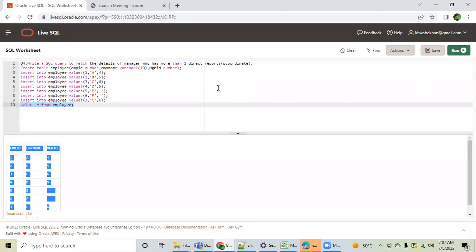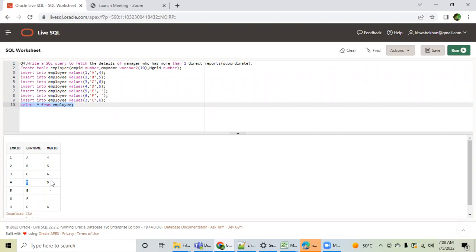5. 5 and 6. So to manager ID 5, B is reporting, correct? And to manager ID 5, D is also reporting. So to manager ID 5, we have 2 employees who are reporting, correct? Hope this is clear to everyone.